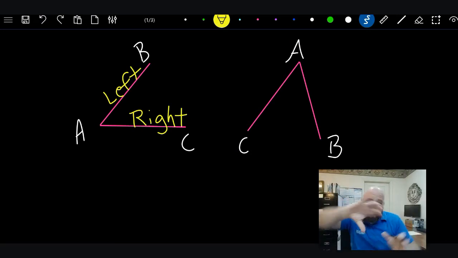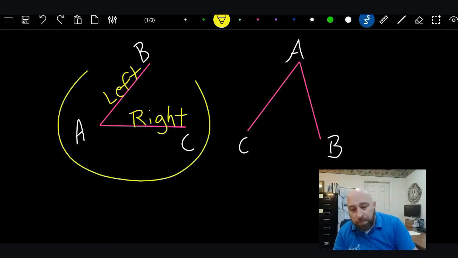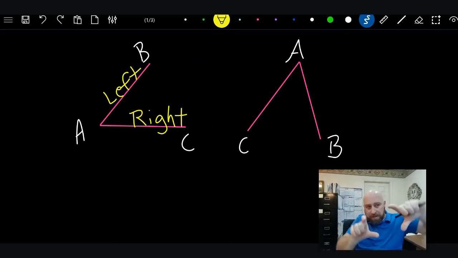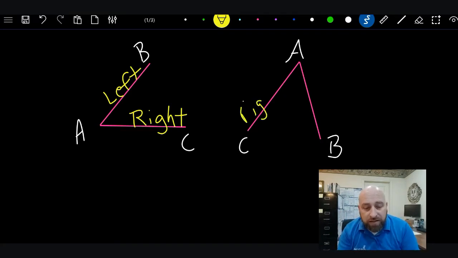And remember when I told you postulate 5 says that you can turn things in space and not change them? Believe it or not, all I did on my program is I took that triangle and I rotated it. That's all I did. So it's a perfect copy. It's just rotated. So this is the right side and this is the left side.